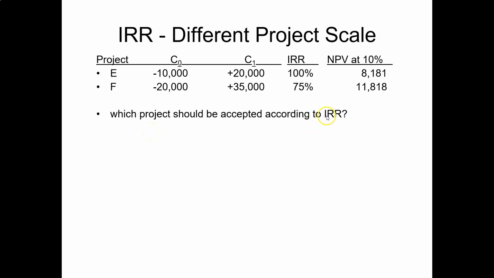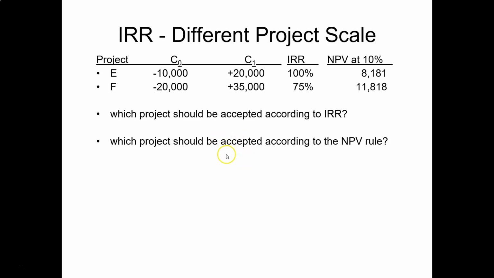Then based on the internal rate of return, because the internal rate of return is higher than the opportunity cost of capital of 10%, we should take both Project E and Project F. And if we evaluate these investment projects based on the net present value rule, because at the opportunity cost of capital of 10%, both Project E and Project F have positive net present value, we should take them both.